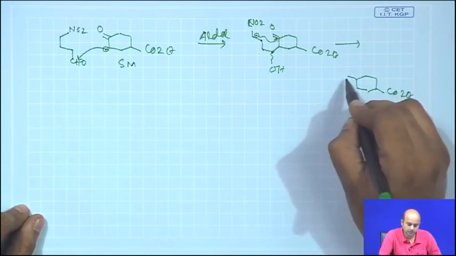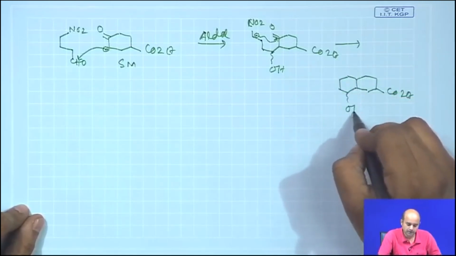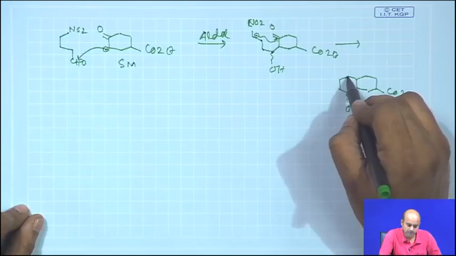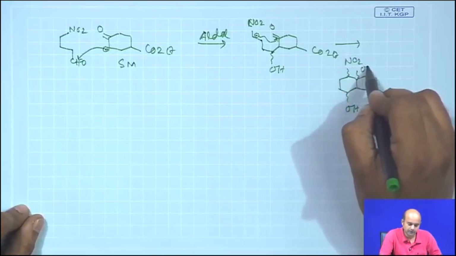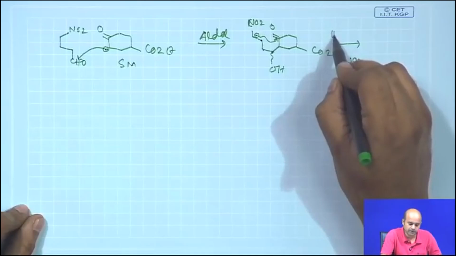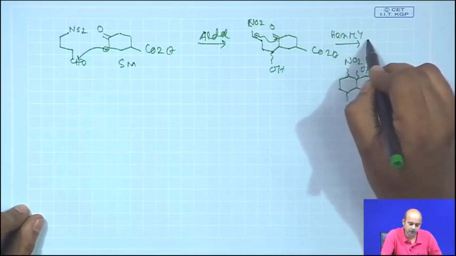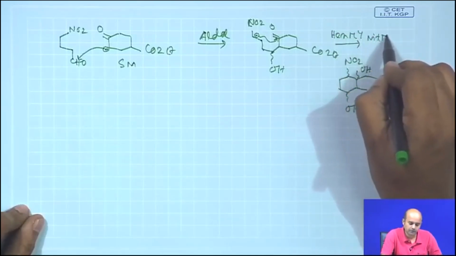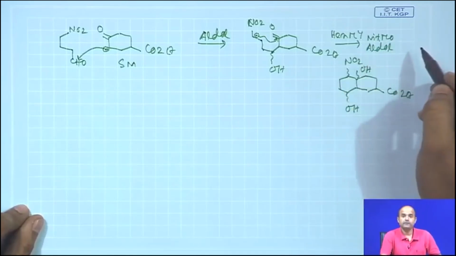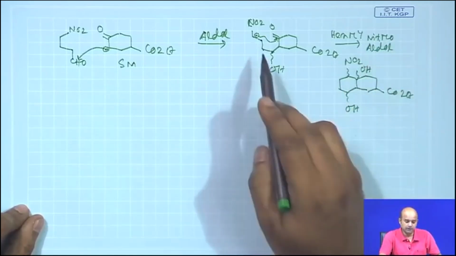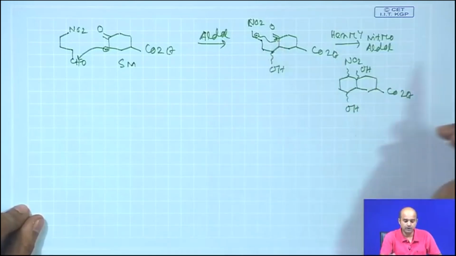So, this is your bicyclic compound which we are expecting after this reaction takes place. Now, this second reaction is named the Henry nitroaldol reaction. Nitroaldol means a nitro species was taken as a precursor to generate the carbanion, and that then reacts with this electrophilic carbonyl group.